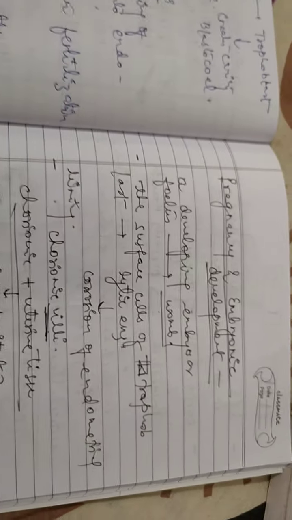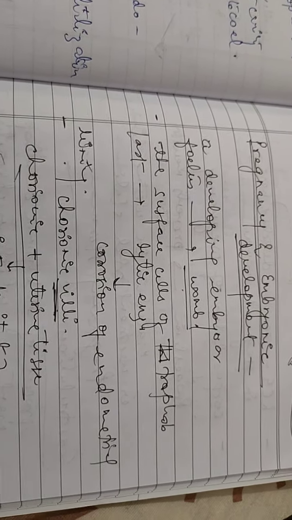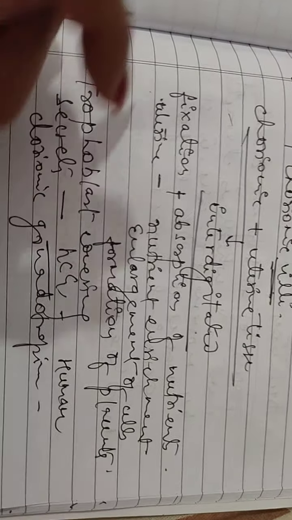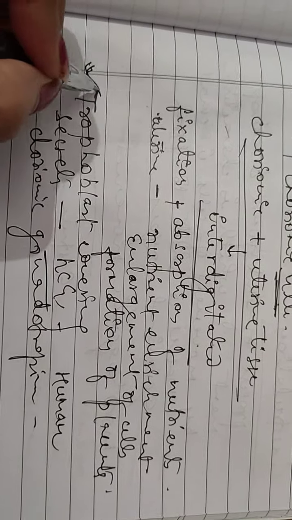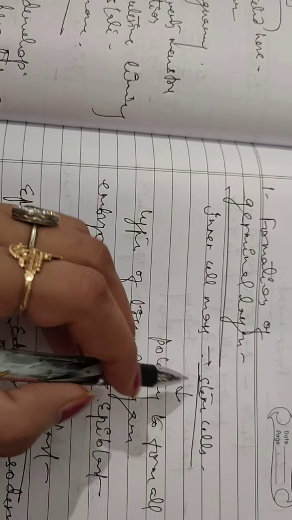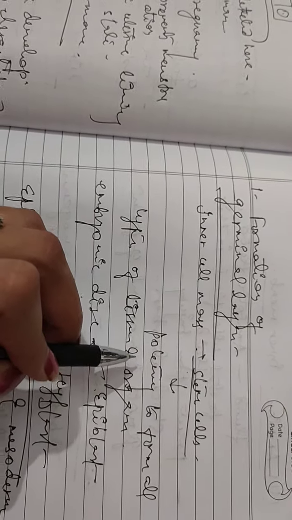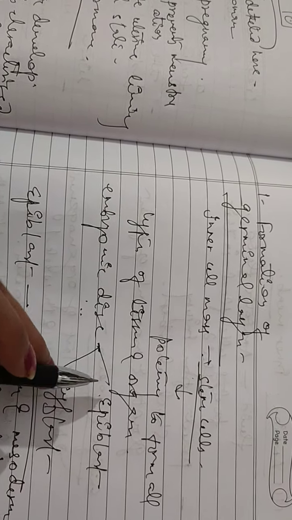So this is all about gastrulation. Once again, in pregnancy and embryonic development, you have to remember that the trophoblast covering helps in secretion of hCG, and the inner cell mass has stem cells which have the potency to form all types of tissues and organs.